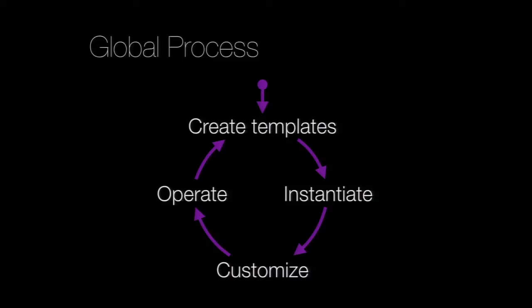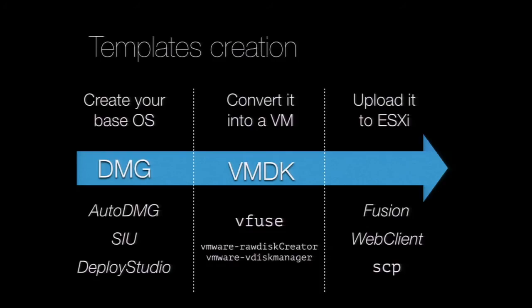If we look at the tools we need for that, you have several. To create your base OS, you can still use existing solutions. AutoDMG, System Image Utility, DeployStudio, whatever you want will lead you to a DMG file.